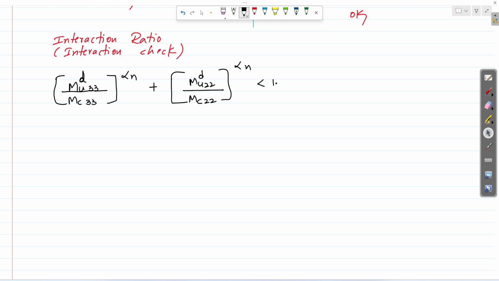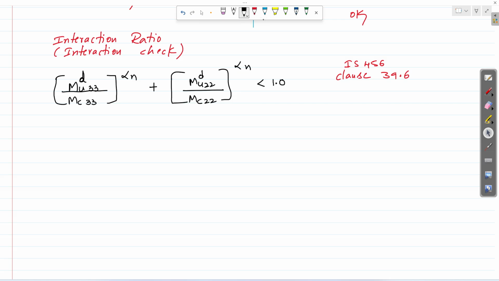This should be less than 1. This formula is in IS 456 clause 39.6.